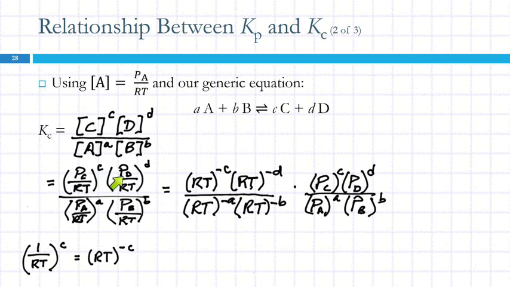So I separated the partial pressures from the ideal gas constant and the temperatures. Any questions? I'm not going to make you derive this ever. I just want you to see where it comes from.